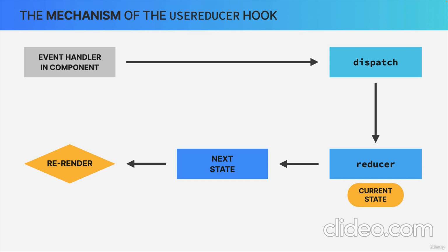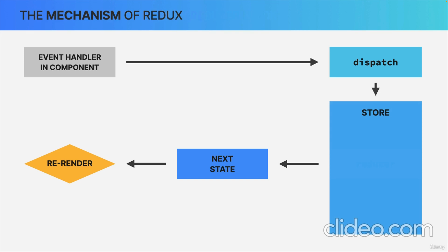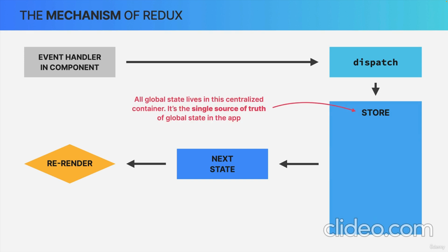So the first difference between useReducer and Redux is that in Redux, we actually dispatch actions not simply to the reducer, but to the store that we talked about at the beginning. So this store is a centralized container where all global state lives. It's like the single source of truth of all global state across the entire application.